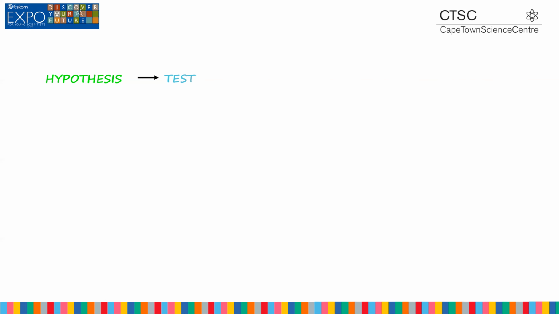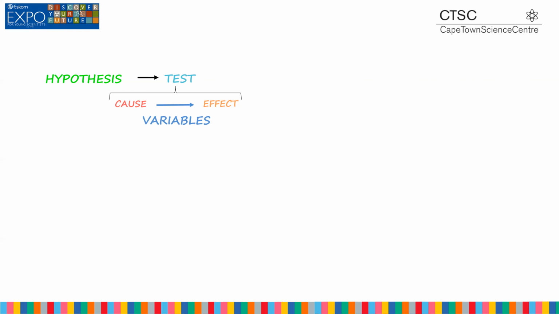To test this, you have the experiment. And the experiment ultimately is looking at cause and effect. If I do one thing, something else happens. And so by looking at this relationship of cause and effect, I can begin to understand what is happening. I can correlate the cause and the effect and make statements based upon that.